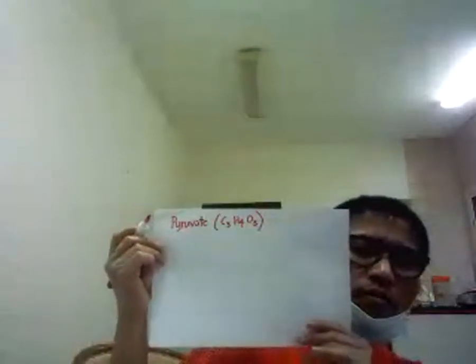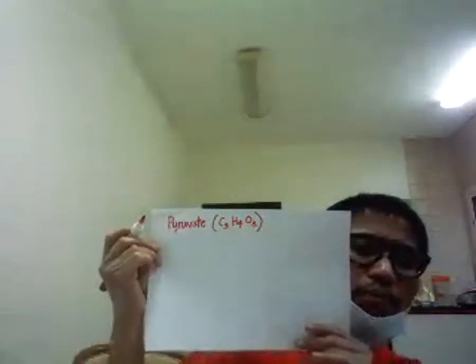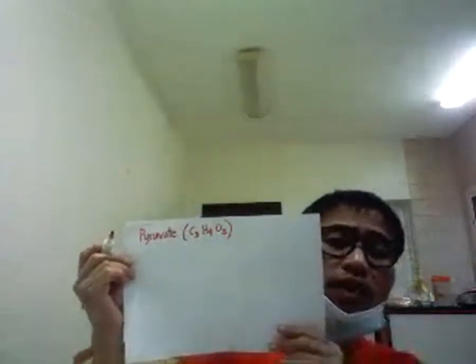So pyruvate is 3 atoms of carbon, 4 atoms of hydrogen, and 3 atoms of oxygen. This is the formula, right? Pyruvate, remember this one. Now we are in the anaerobic process.